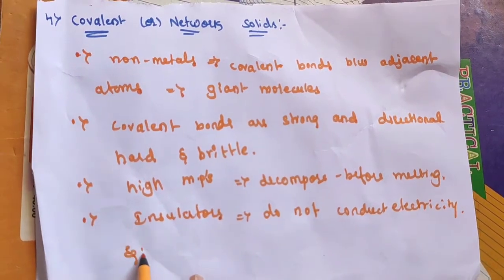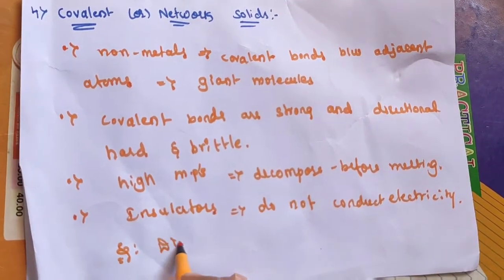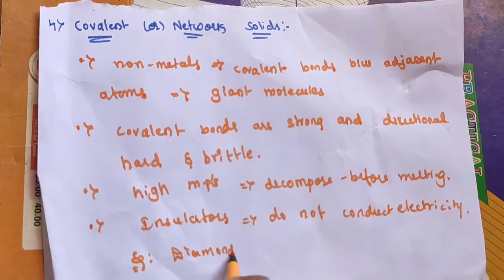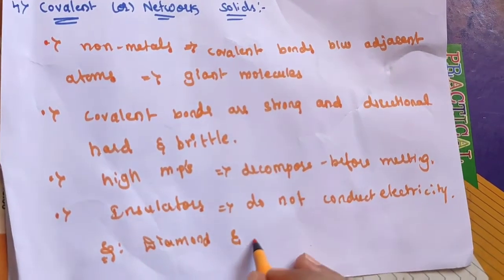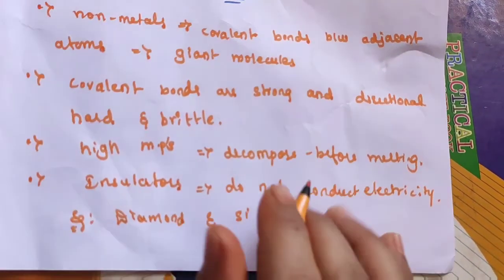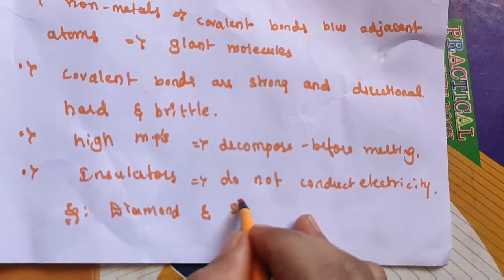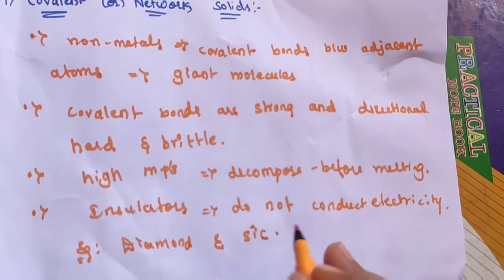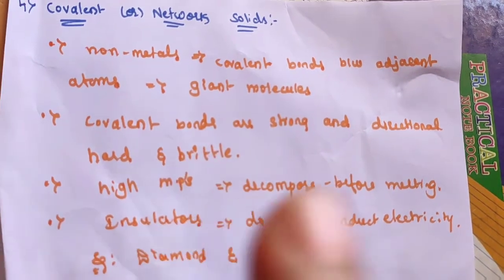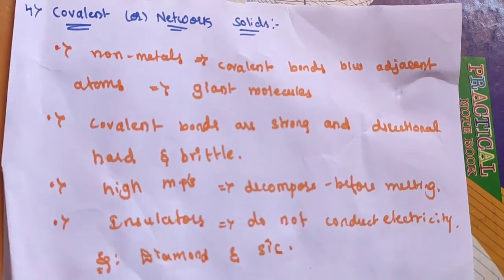For example, diamond and silicon carbide, SiC, are taken as examples of covalent or network solids.